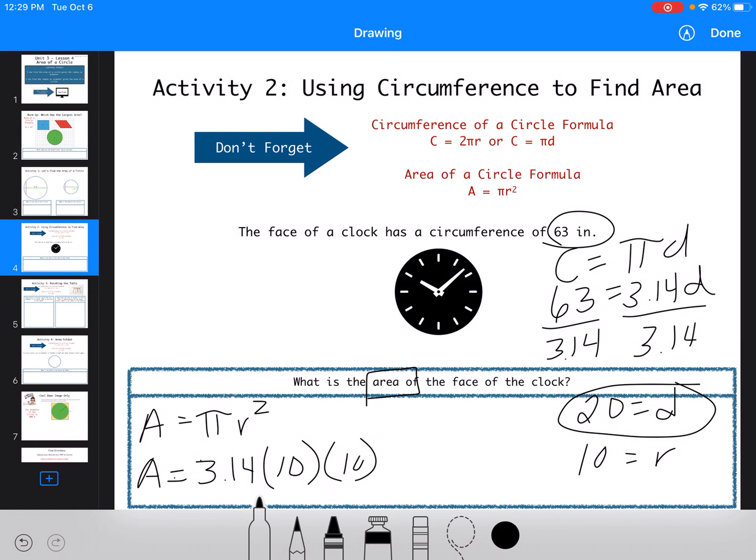So 10 times 10 times 3.14, and I get 314. So my area equals 314 inches squared. I could use the decimal point if I want to, but I don't want to.